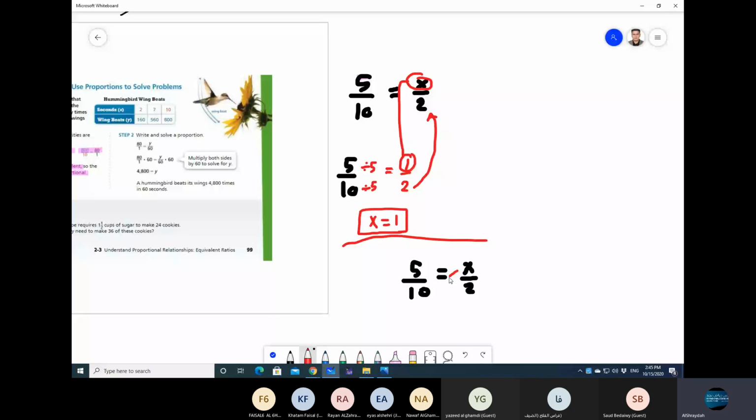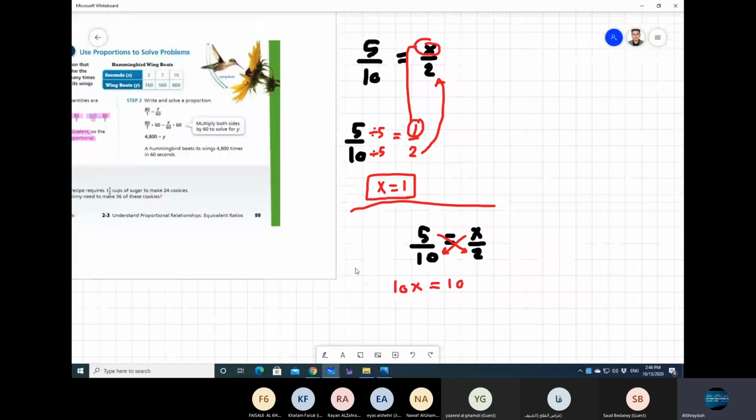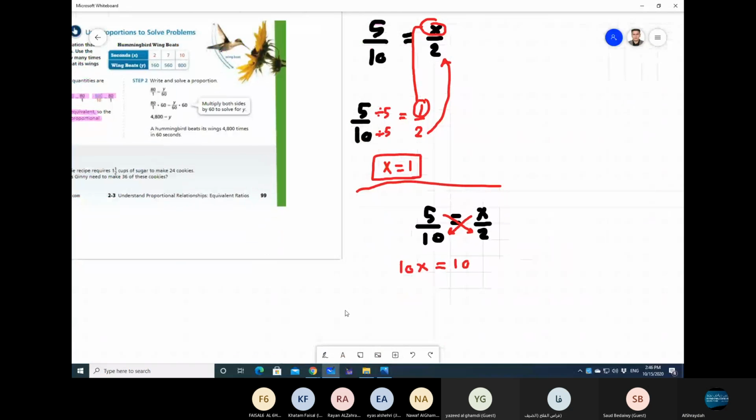You multiply this x by 10 and you multiply this by 2. So x times 10 gives you 10x equals 5 times 2 gives you 10.